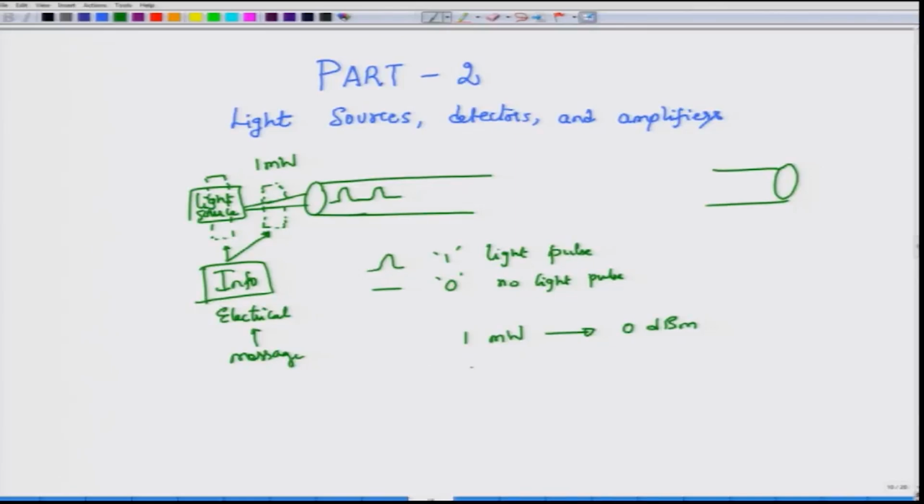We know that the standard optical fiber has a loss of about 0.2 dB per kilometer.